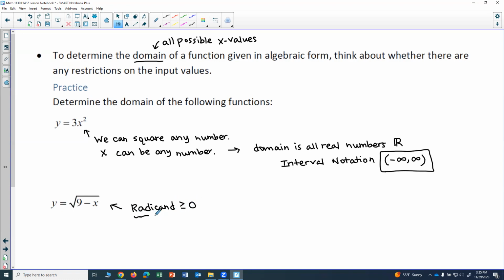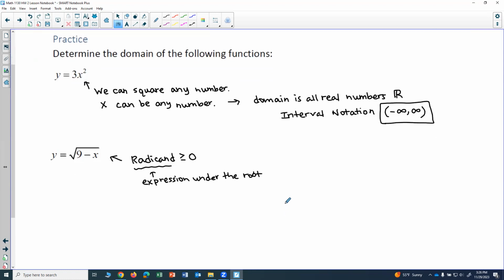And when we talk about radicand, we're talking about the expression under the root. Now we can't take the square root of a negative, so the radicand has to be greater than or equal to 0.